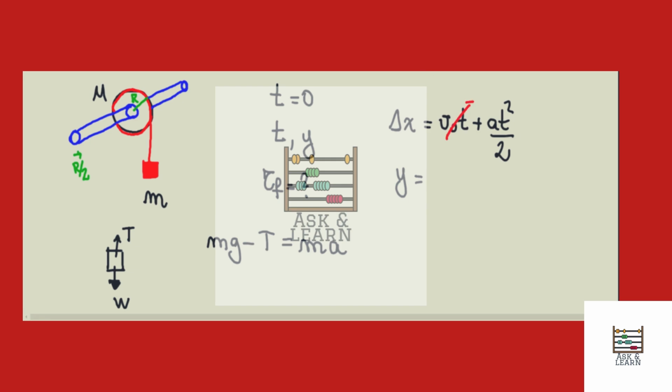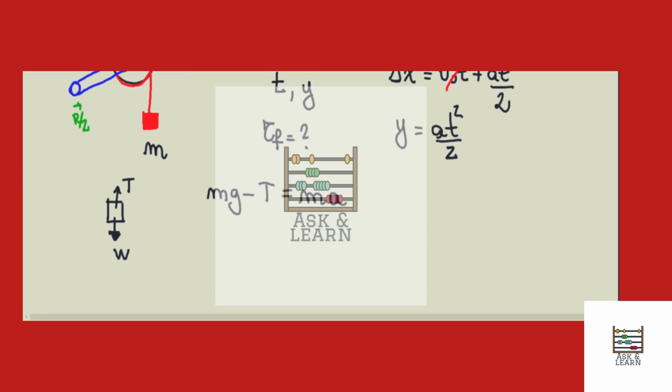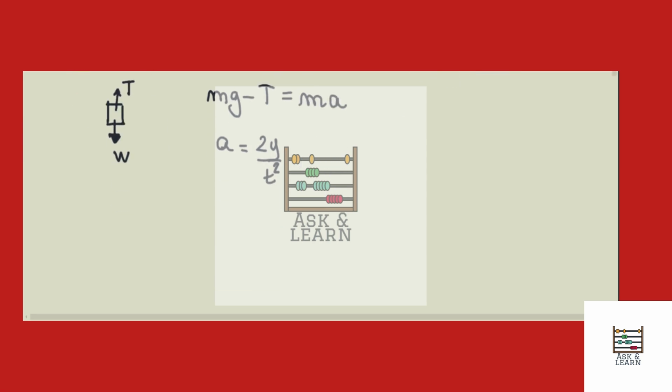V0 is just 0, and this is equal to at squared over 2. So a is equal to 2y over t squared. This means that mg minus T is equal to 2my divided by t squared.